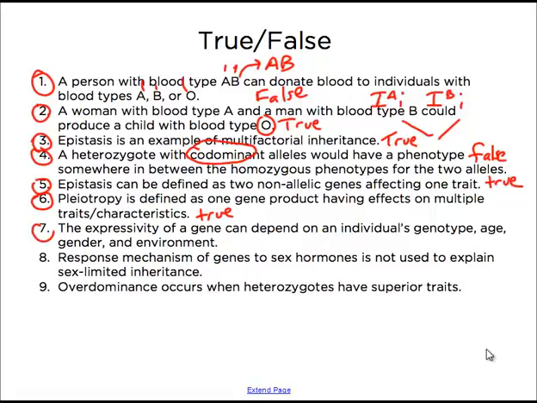7, the expressivity of a gene can depend on an individual's genotype, age, gender, and environment. That's definitely true. Expressivity means the degree to which you are exhibiting a trait that you genetically have. So the best example I can think of is Down syndrome. There's definitely variable expressivity about this. Some people with Down syndrome are very low functioning and some are extremely high functioning.